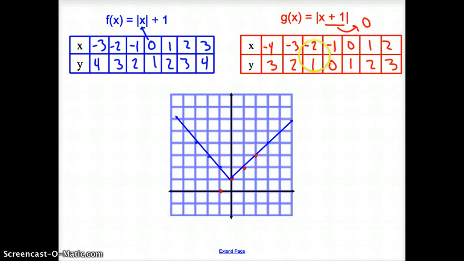Now moving to the other side, it's -2, up 1, -3, up 2, -4, up 3. Now we connect those dots with a line, and notice what the 1 inside the absolute value does to my graph compared to outside. The 1 moves it over, and the 1 outside moves it up.